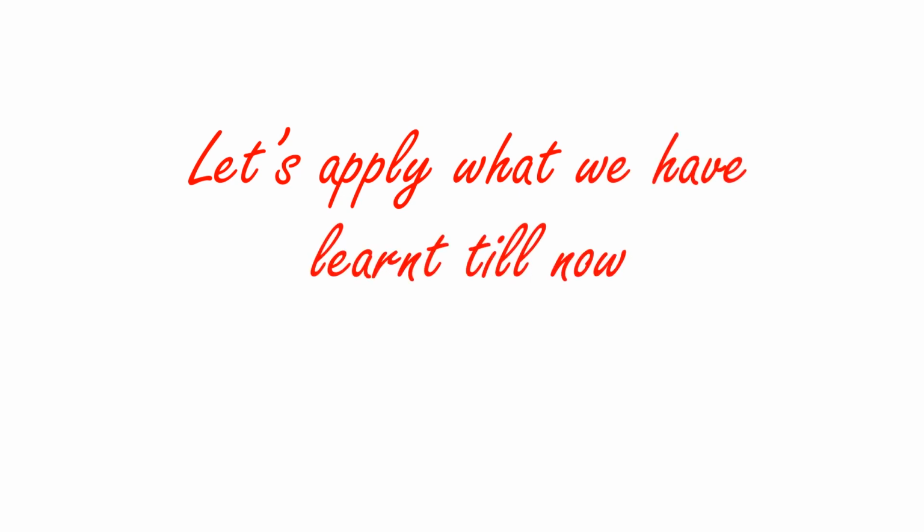Now let's apply what we have learned till now. Well, 61 square. Identify which trick. The trick we would use is the 50 base, that is my trick 1. So 61 is 11 greater than 50. So my difference from the base, and the base over here is 50, is 11.